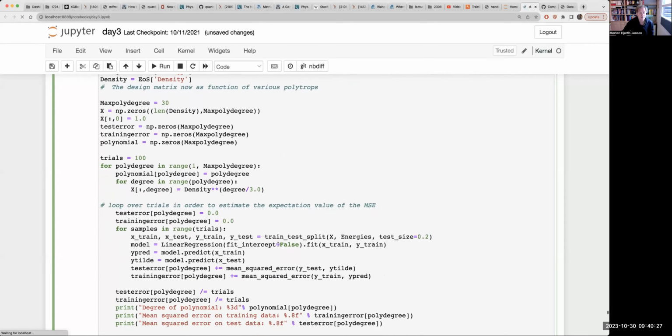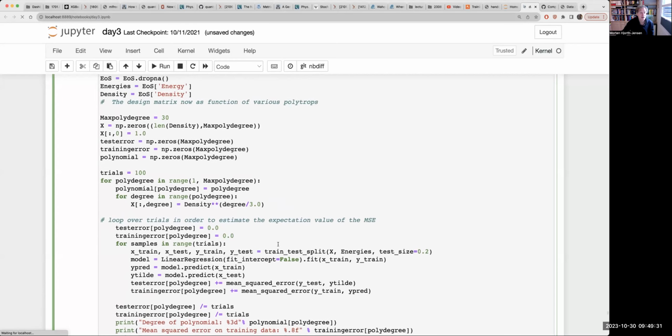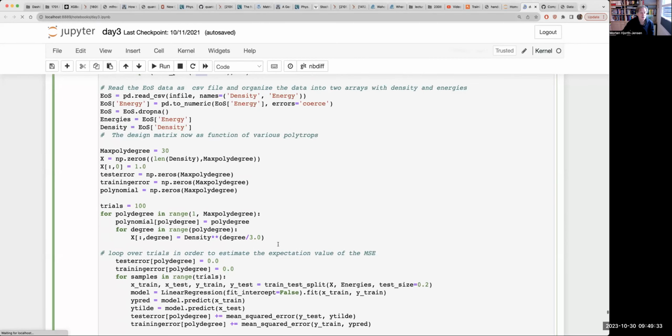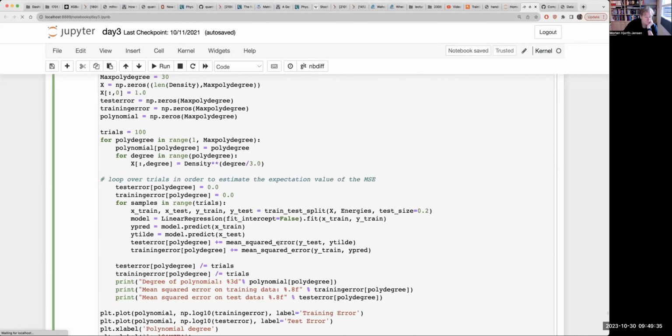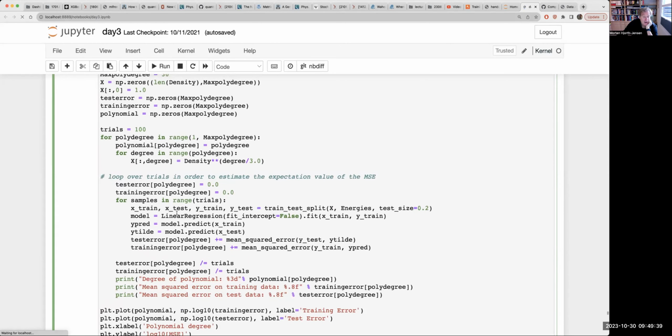And then I perform a fit of my data. And in this particular case, I'm actually using a ridge regression again, as you can see. And I'm performing a linear fit here.